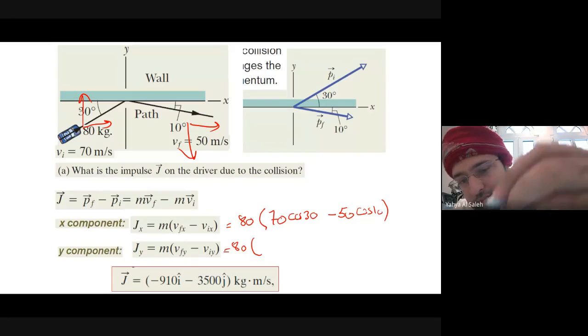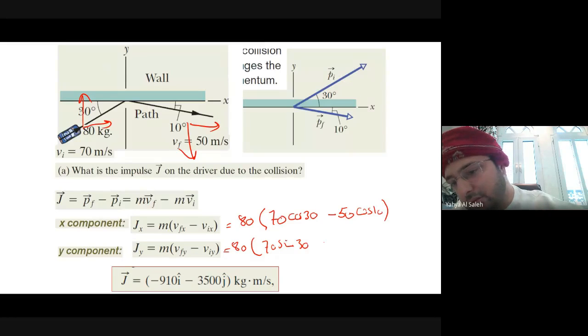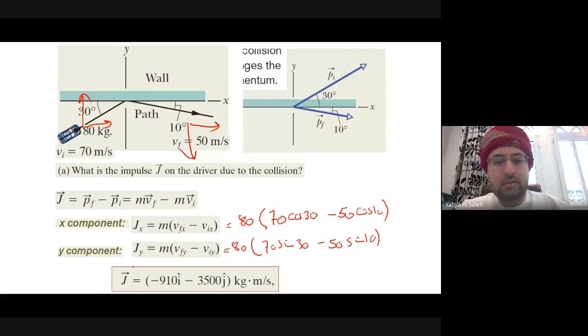This would be 70 sine 30 minus 50 sine 10. And what we will end up with is minus 910 I minus 3,500 J kilograms meters per second. Or did I make a mistake? Can someone double check?